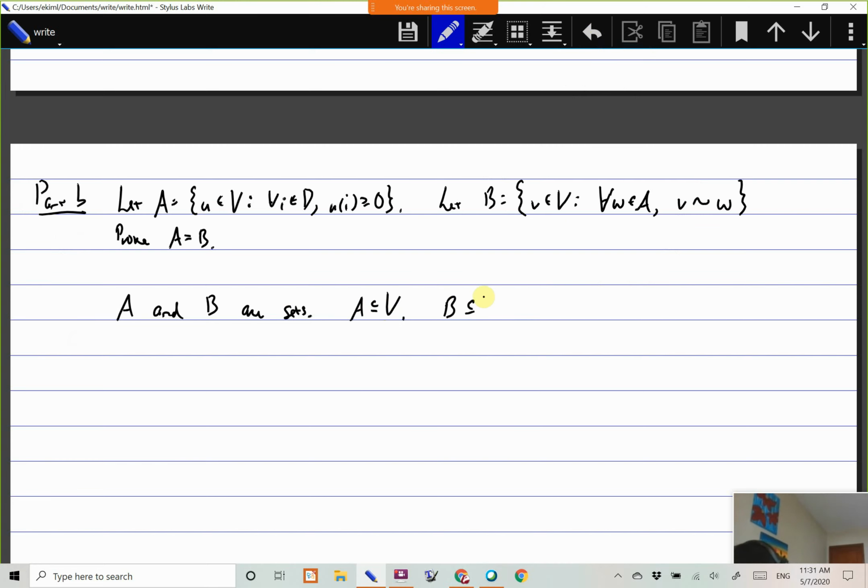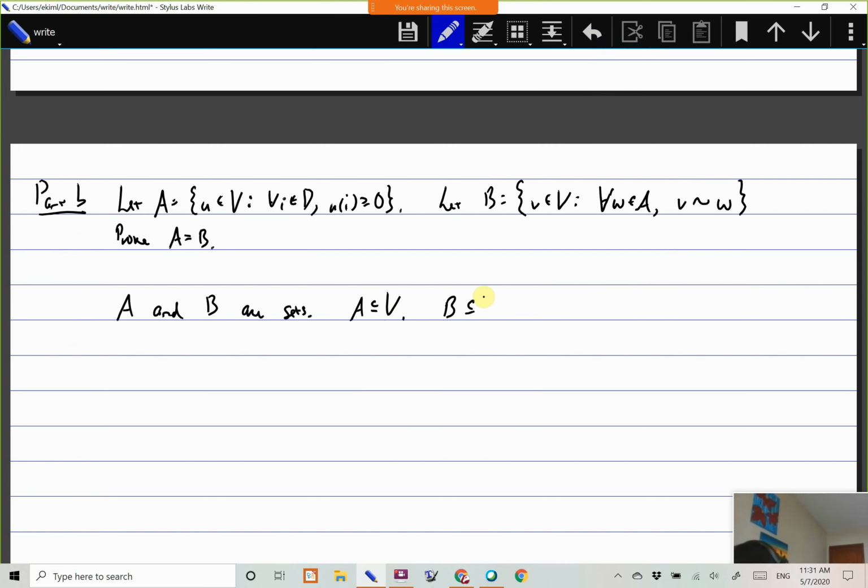Okay, so to prove A is a subset of B, we need to pick an element of A. So I'm going to call that element U. So let U be an element of capital A. We want to show U is an element of B, right? Again, just all the usual habits here.